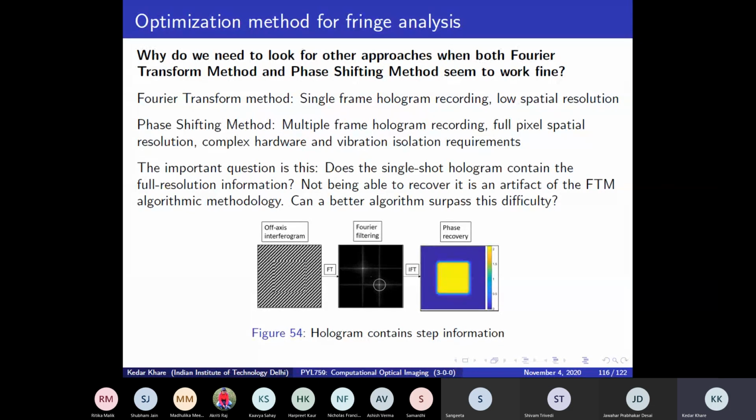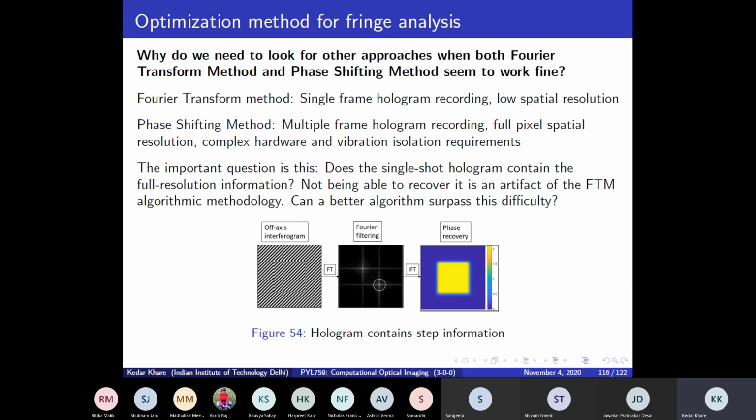What is clear here is that just by looking at the interference pattern, I can say that the information is there. It's just that this methodology, which depends on the Fourier structure of the hologram and inherently requires a low pass filtering operation, is why I'm not able to recover the full resolution information. And so maybe one can think about better algorithms that can surpass this difficulty.